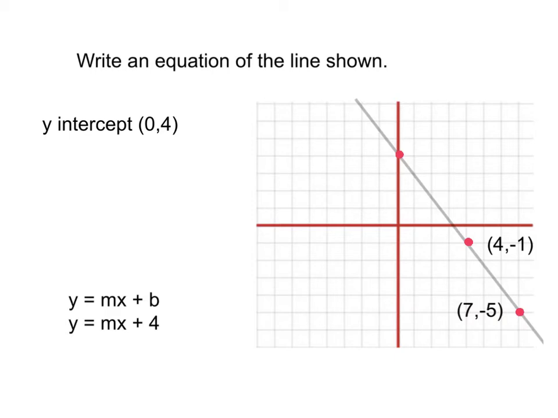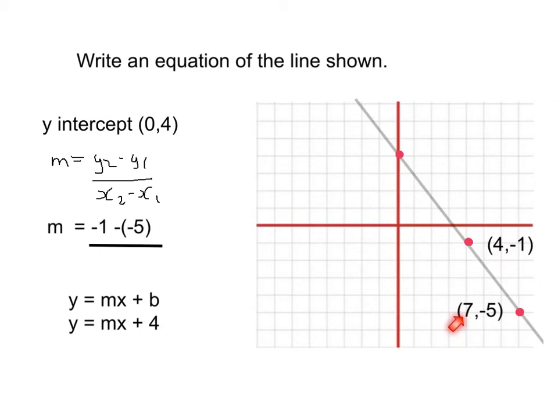Next step is to write out the slope formula, y2 minus y1 over x2 minus x1, and in this case I'm going to choose y2 as being negative 1 and y1 as being negative 5 and substitute into the numerator, and start with my x2 value, which is going to be 4, minus my x1 value, which is 7, like I have here.